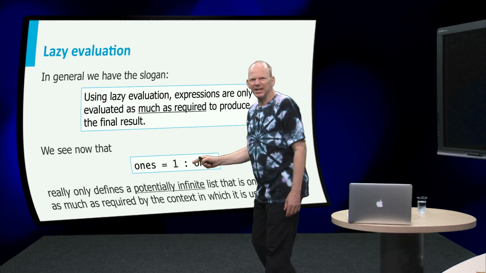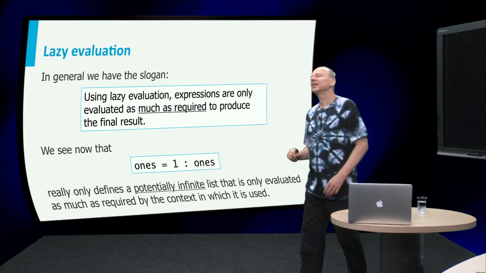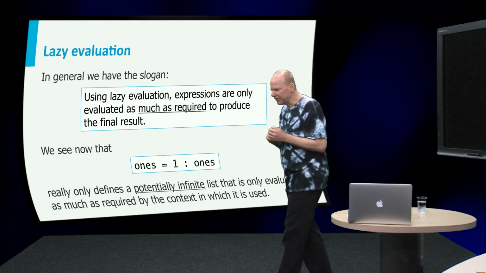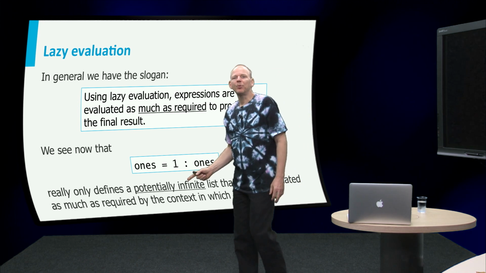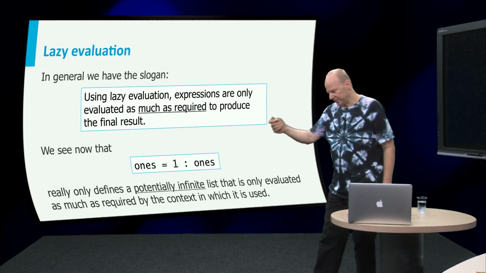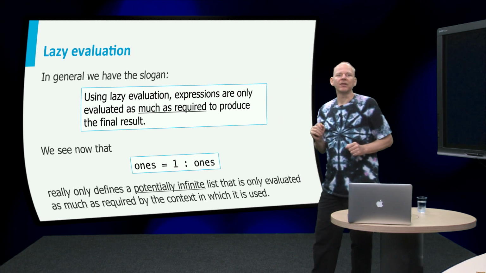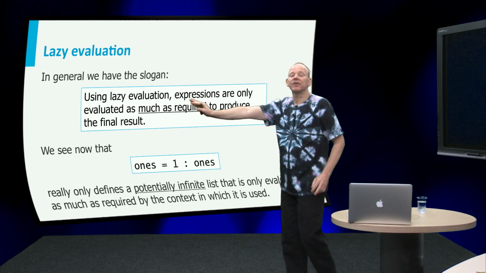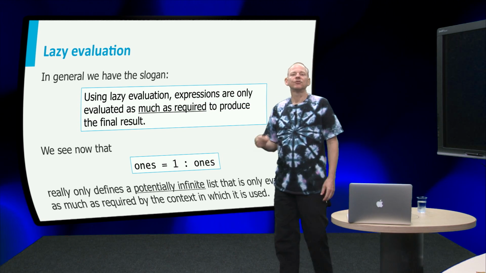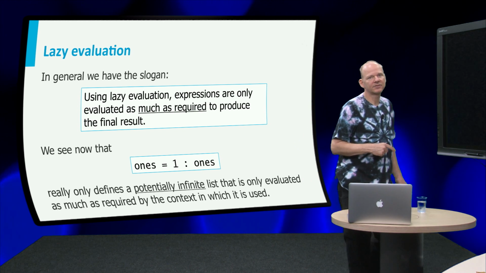And so really, when we say that ones is an infinite list, we're kind of lying, because ones is not an infinite list. It's a potentially infinite list, only expanded on demand. It's not expanded eagerly to an infinite list. So it's just a recipe to create an infinite list.